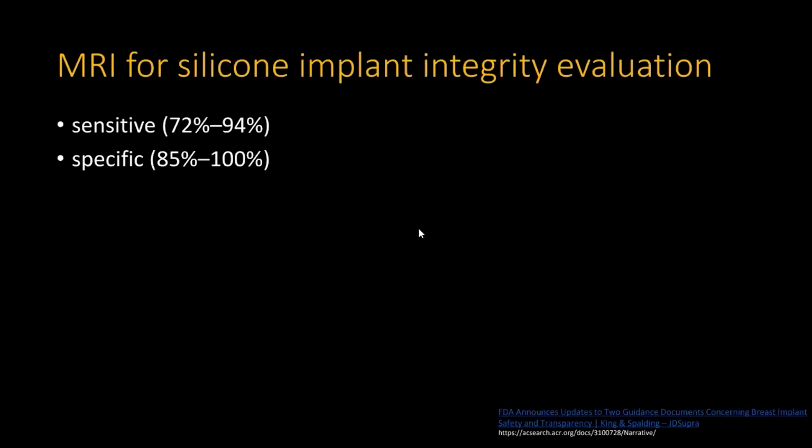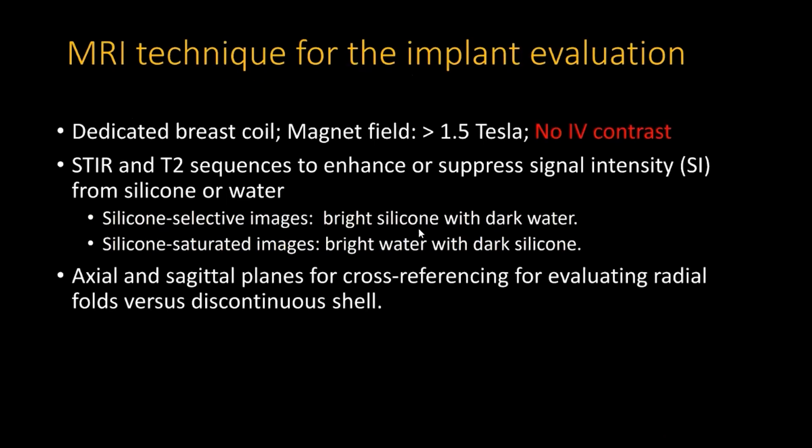So MRI is very sensitive and specific to evaluate the silicone implant integrity. And what are the MRI techniques we use to evaluate implants? So we definitely need the dedicated breast coil, and the magnetic field needs to be at least 1.5 Tesla.